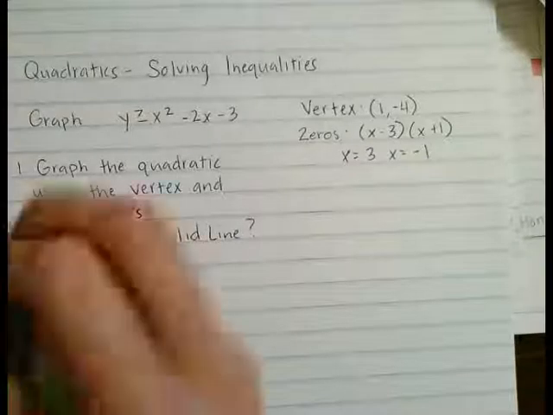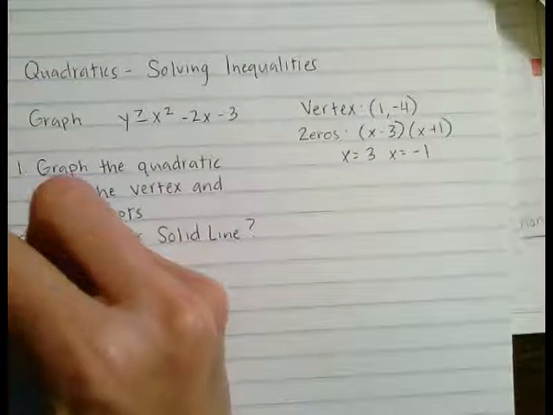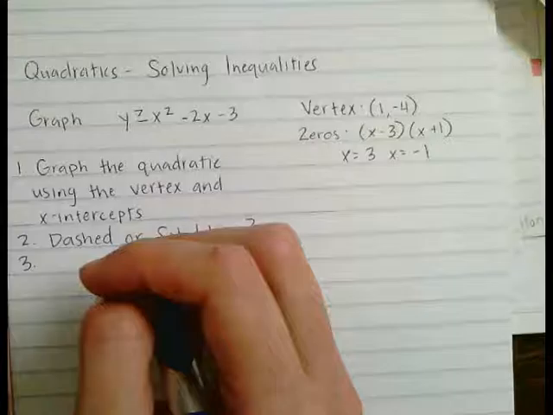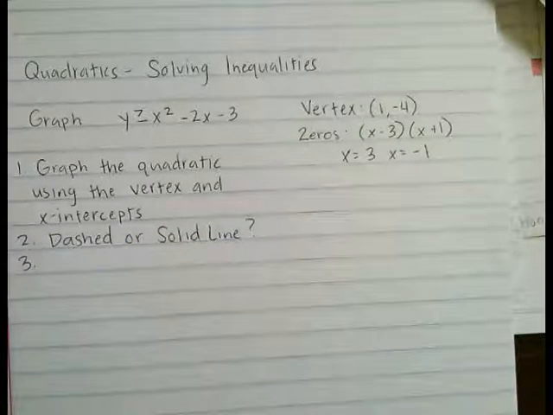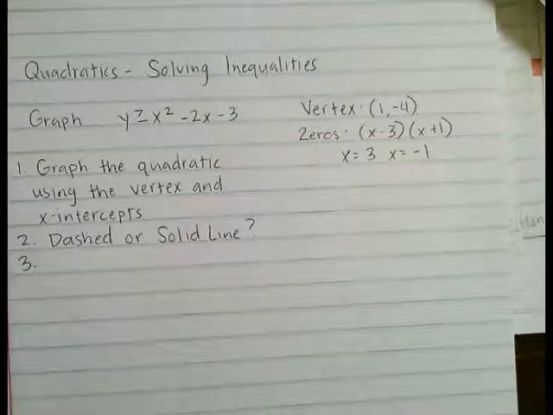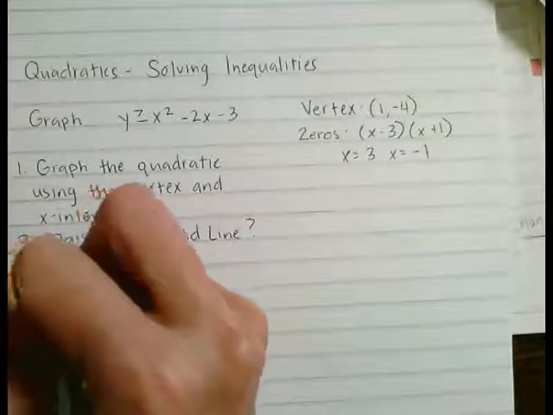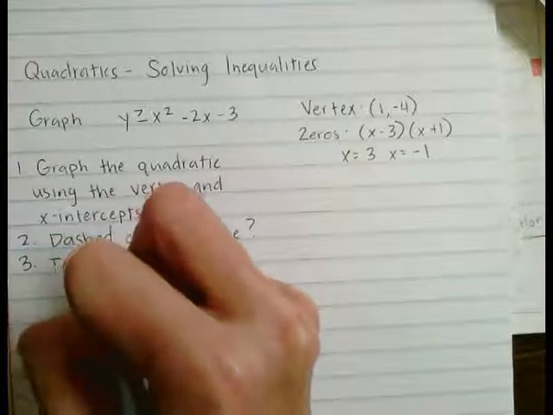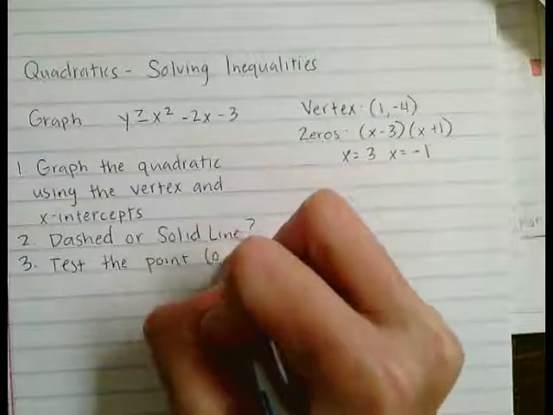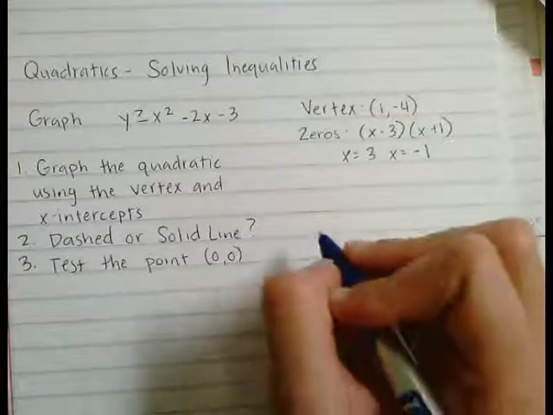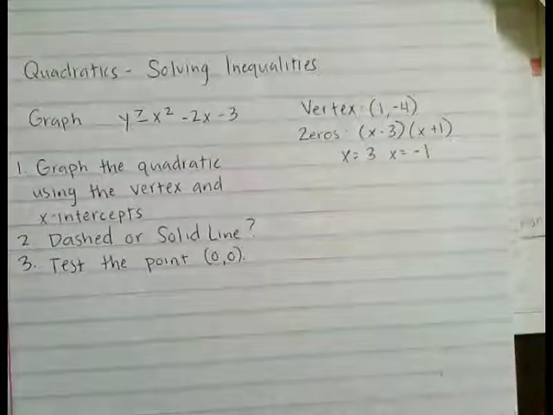Okay, and then after that you're going to think about the difference between a linear inequality and a quadratic: you're going to need to test the point (0, 0) to see if it's true or false.